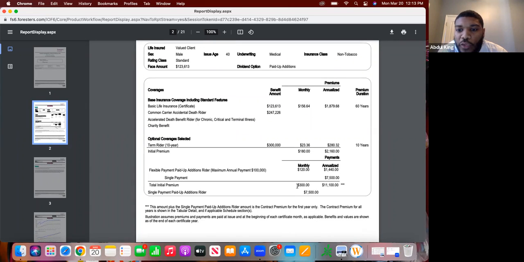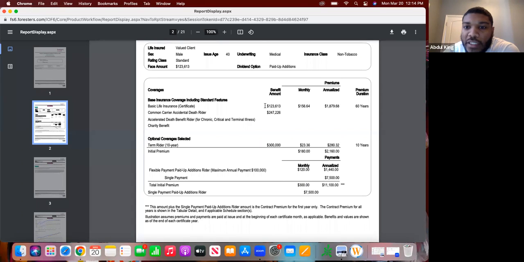He's going to be paying $300 monthly in total. Instead of the 15,000 up front in 1 year, I broke it down to 7,500 in the first year and 7,500 in the second year. So that's still the 15,000 going into the policy, but it's just not all in one lump sum, right?